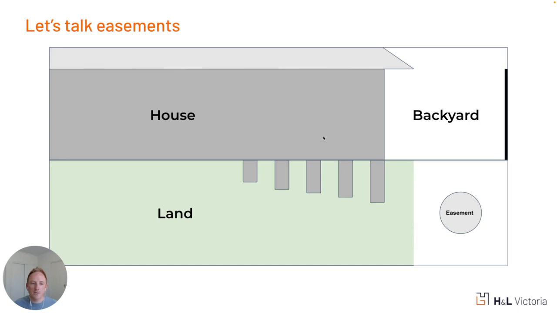So what a builder will do when they do site costs, depending on how close you are to an easement, is provide additional support underneath, additional piering, just to make sure that if that ever happened, the house would be sure to support itself. Okay, so when you're building close to an easement, it will cost you more.